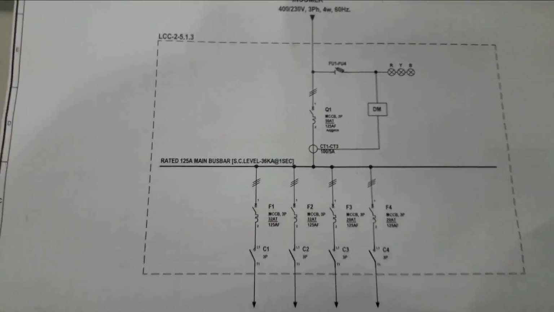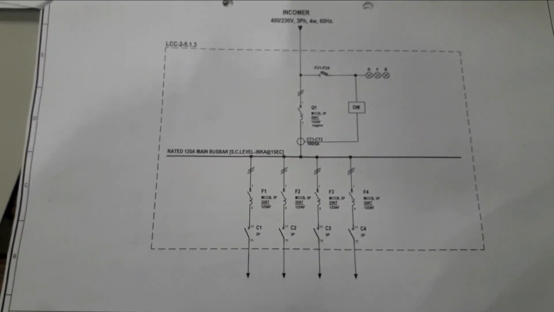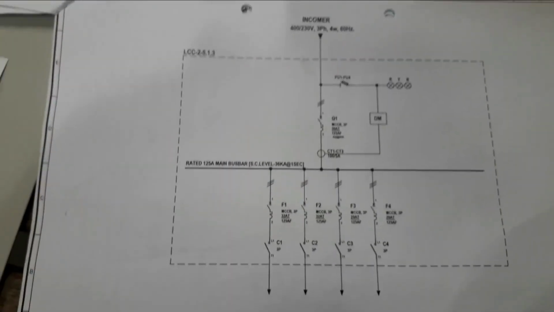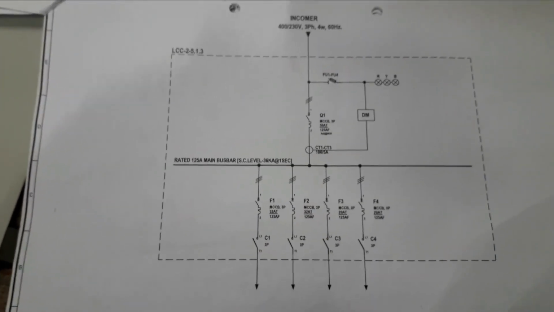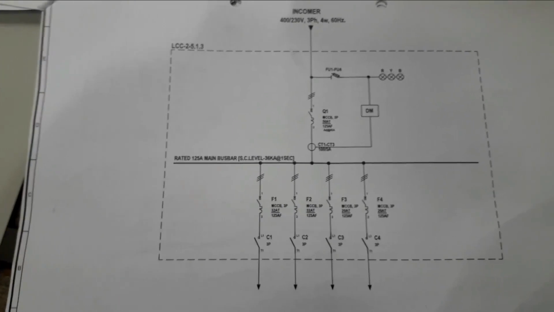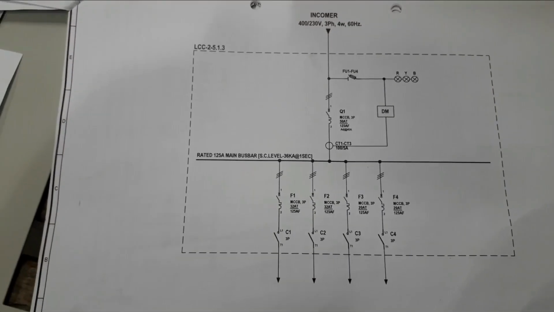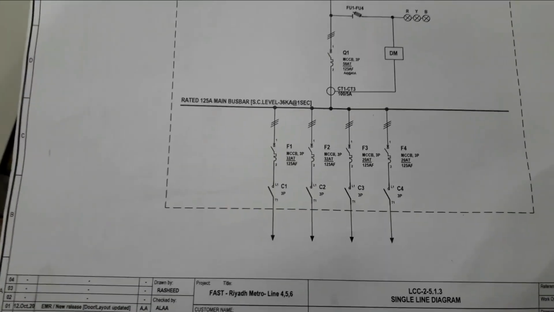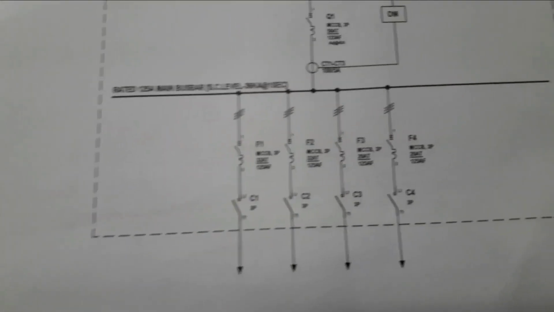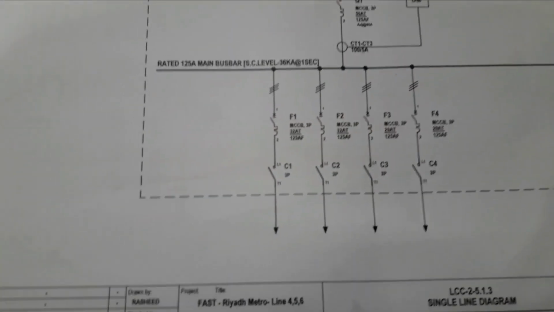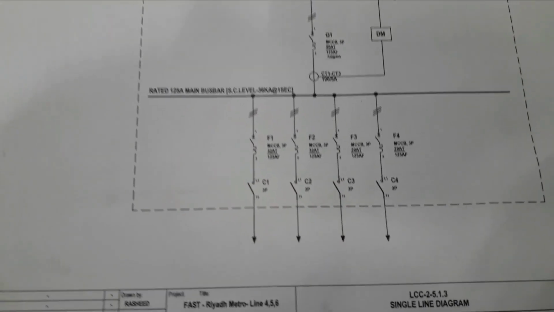This is what we call the SLD. What is SLD? This is what we call single line diagram. In a single line diagram, you can easily identify the components installed inside the device, inside the equipment. You will find Q1, F1, F2, F3, F4, and C1, C2, C3, C4.